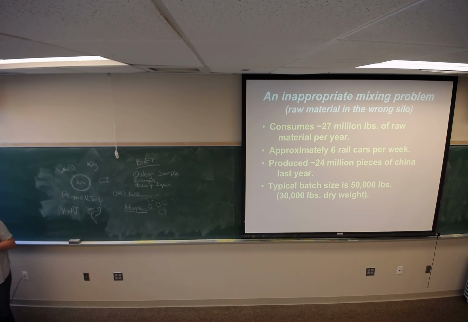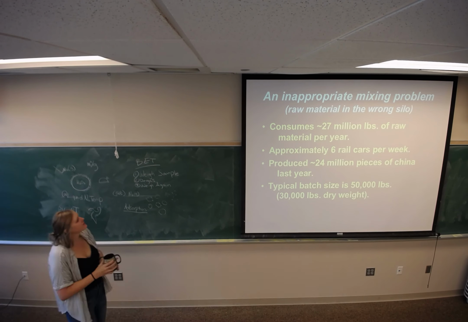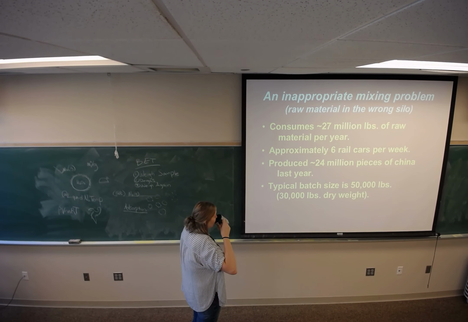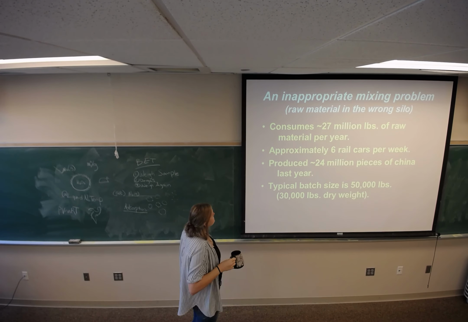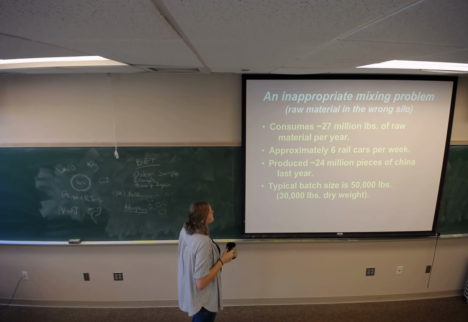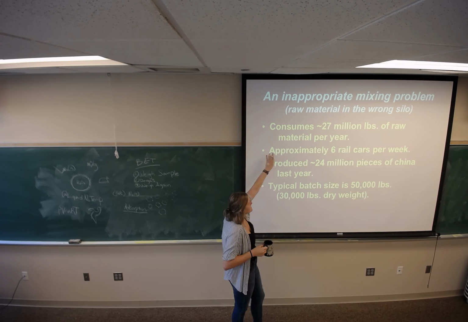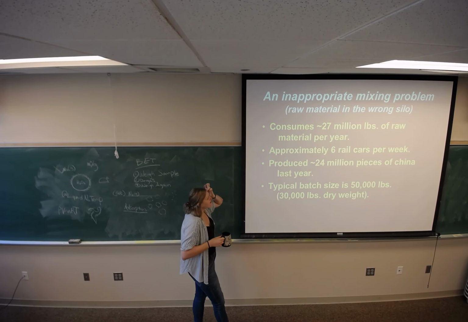Okay, so this is a case study example he wanted us to go into. This is some kind of manufacturing process, but basically the key point is that they have huge silos that they pump all of the raw materials into, and we're going to be looking at, I think, flint and nepheline cyanide that they use.